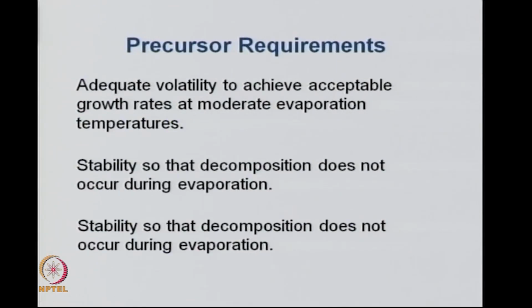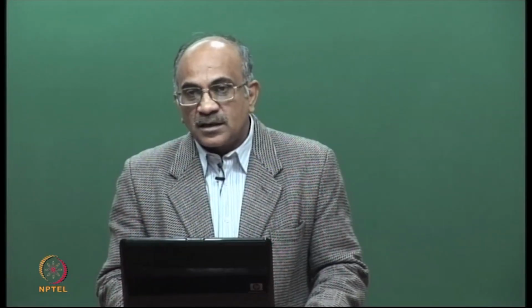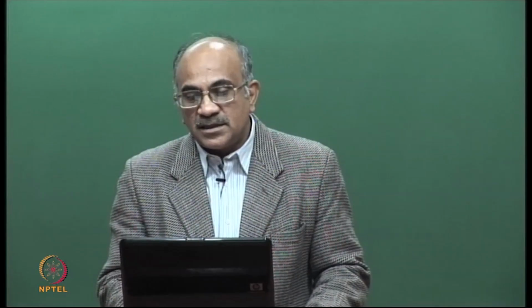Now, we saw that there are a lot of precursors which are used, which are either gaseous molecules or gases which are pressurized into liquids, and then gas molecules come out of them and can be controlled before they are sent to the reaction chamber.